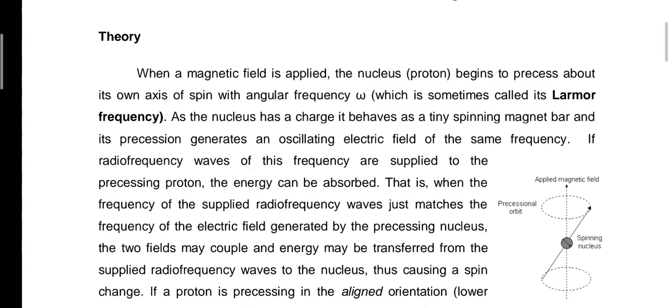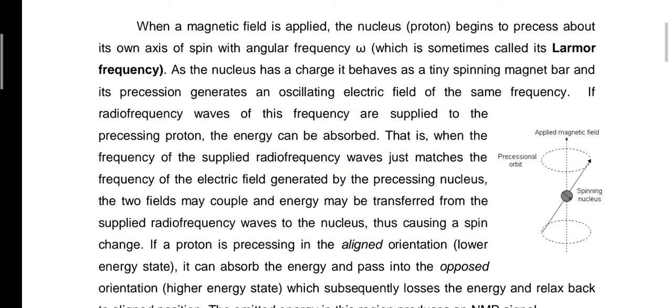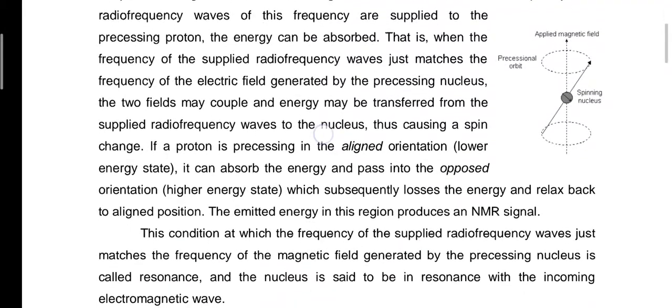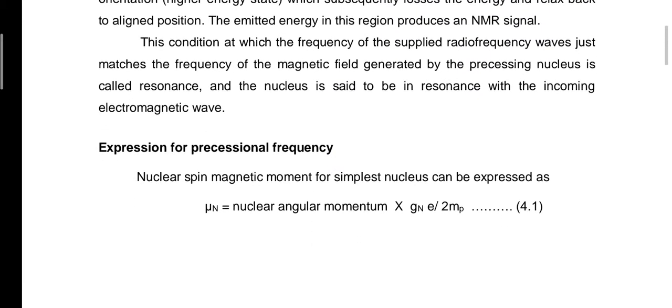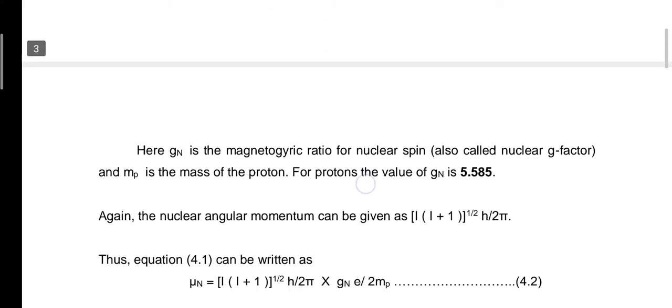About the theory, it is very important. The Larmor frequency is also important, for the spinning nucleus and the precessional frequency. mu_n is equal to the nuclear angular momentum times g_n times e by 2 m_p.